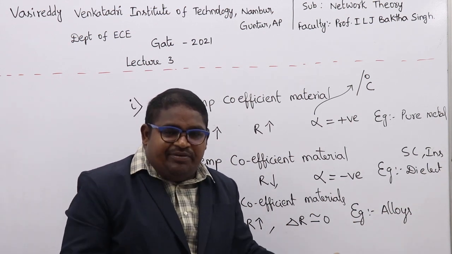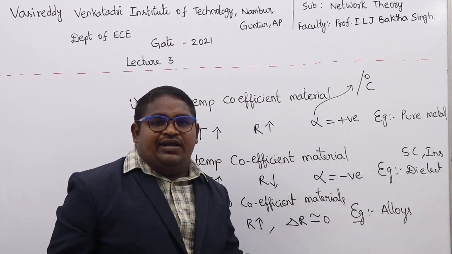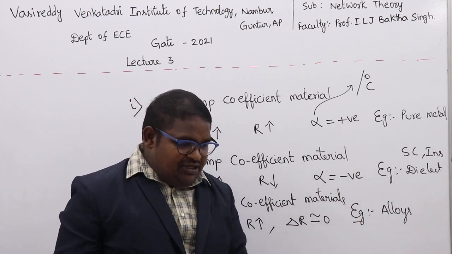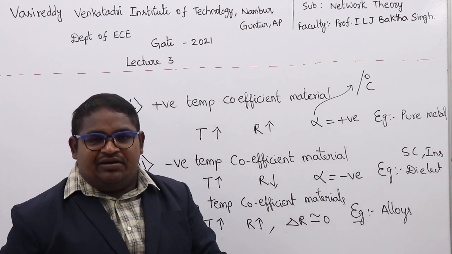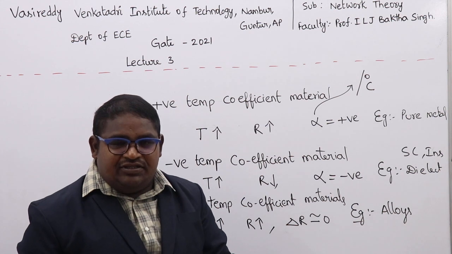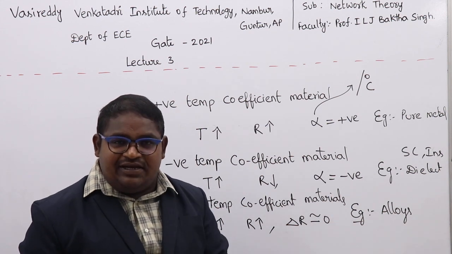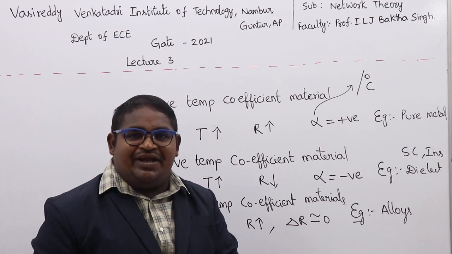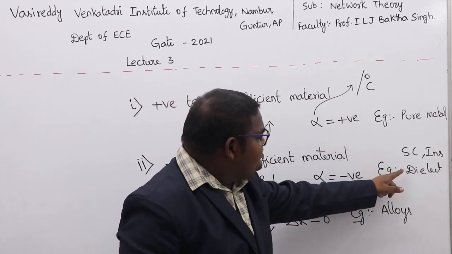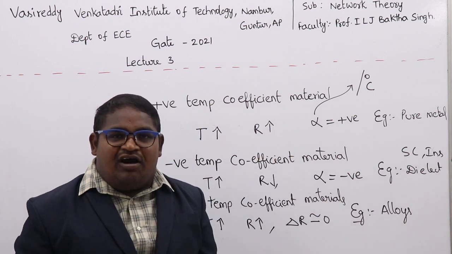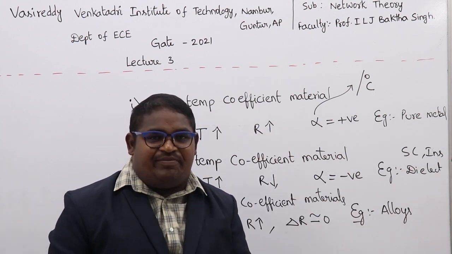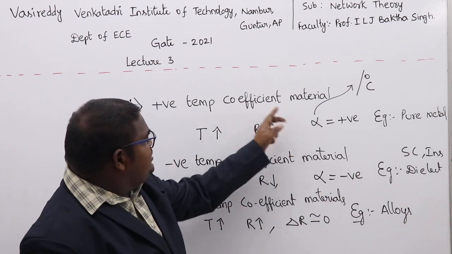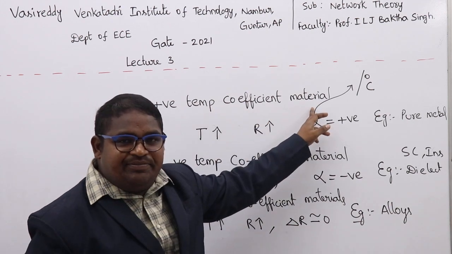Alloys means a mixture of two or more elements. For example, in electrical work, you have the fuse. So the fuse is made up of which material? I think in your mind you have copper. Copper may be used, but it is not copper. Copper is a positive temperature coefficient material.